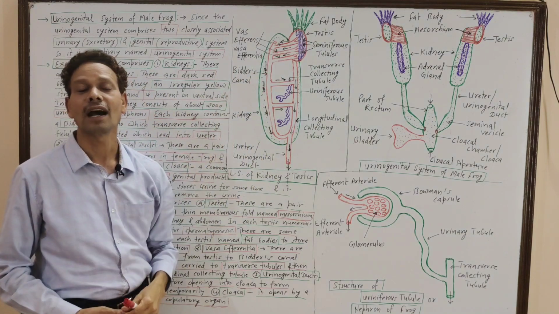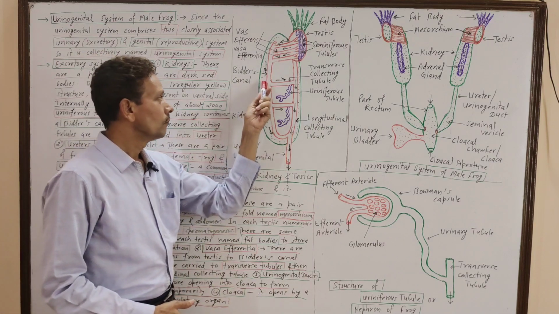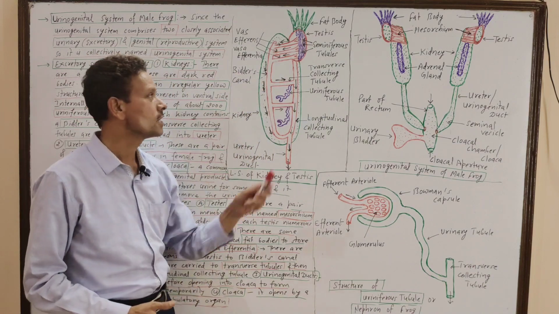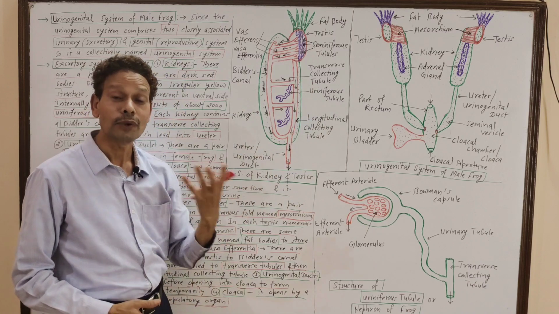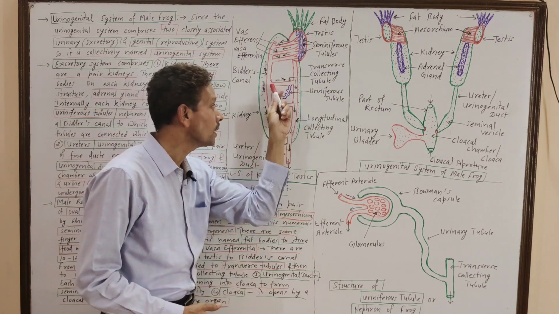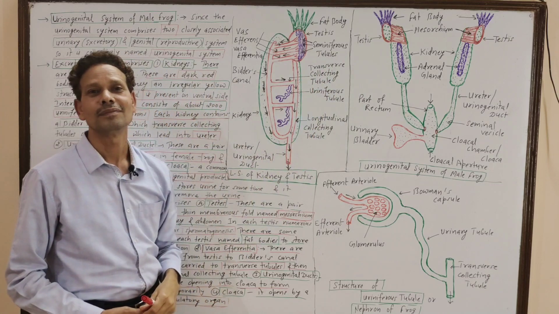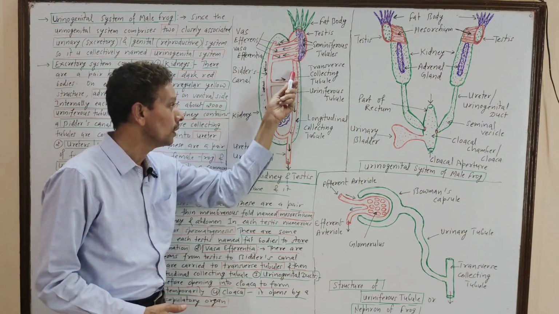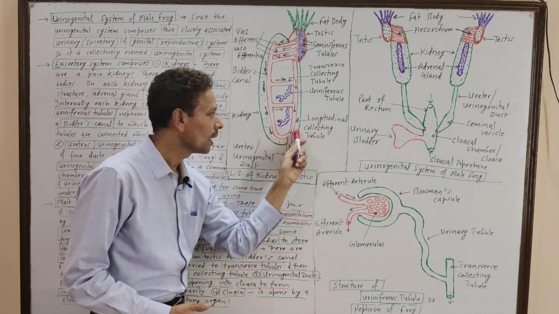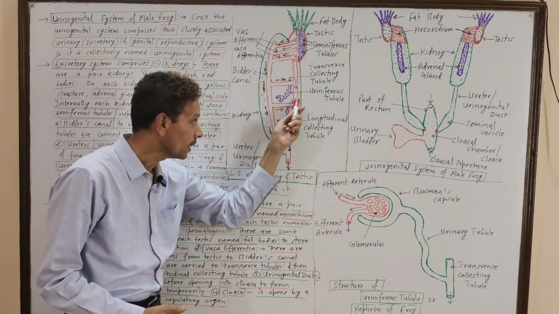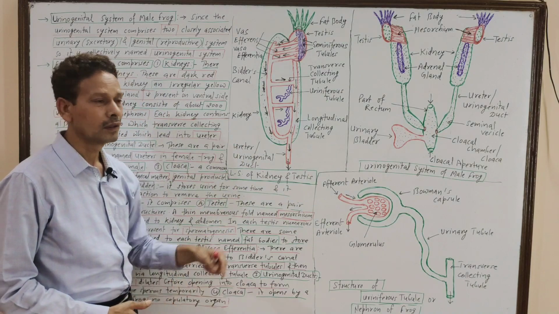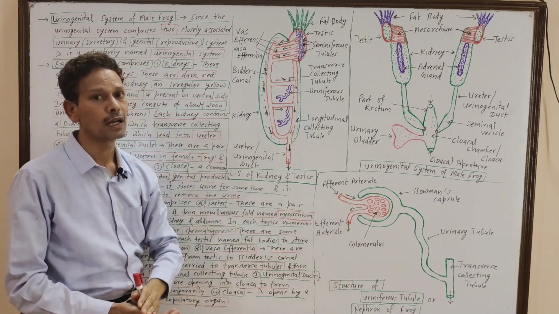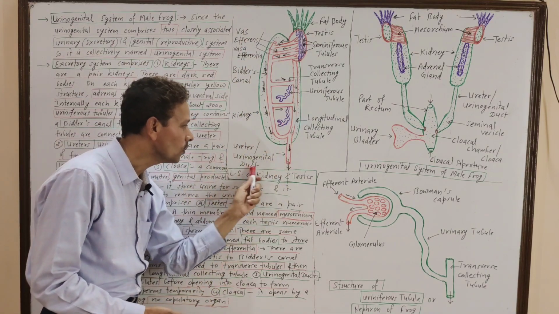This one is Bidder's canal. From this Bidder's canal, the male discharge as well as the urine are carried via numerous transverse collecting tubules, which open into another elongated longitudinal collecting tubule, and through this, in the male frog, urine as well as male reproductive discharge is carried via the urinogenital duct.